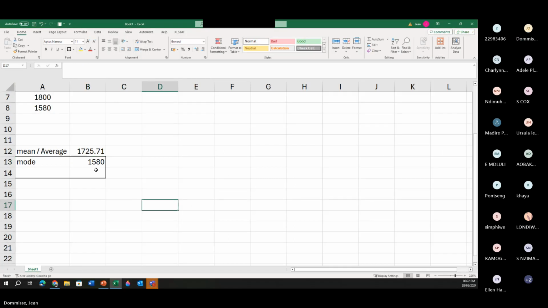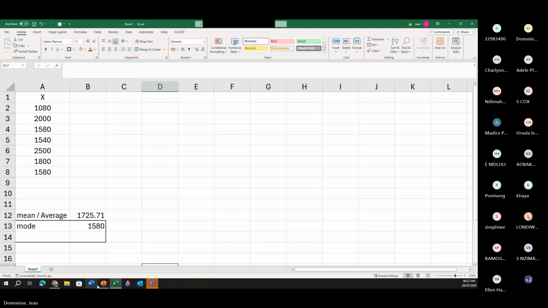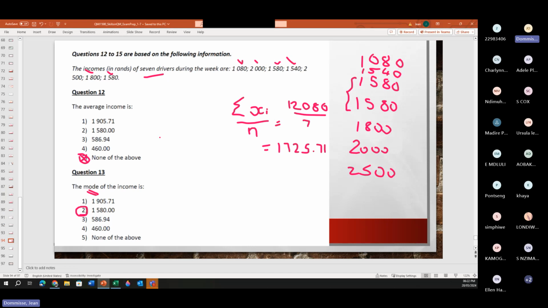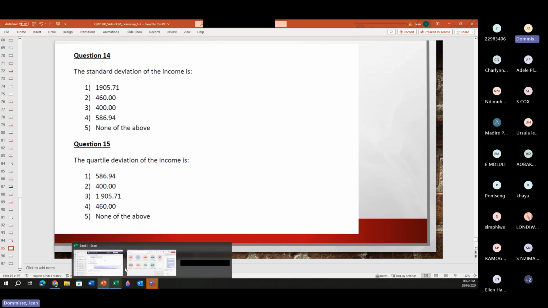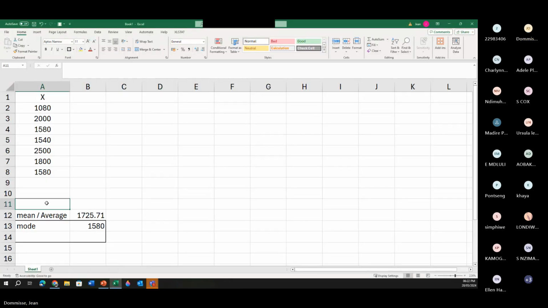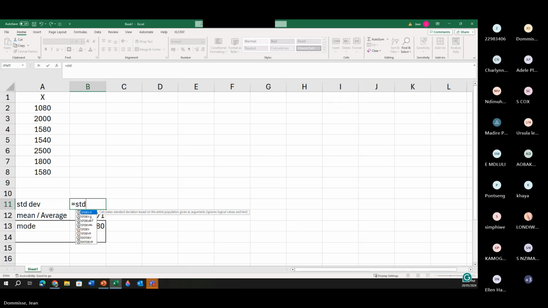Then the other two questions that we had around this were standard deviation and then quartile deviation. Okay, so let's quickly do standard deviation, there is a formula for that in Excel. So the standard deviation for a sample, because we're working with a sample.